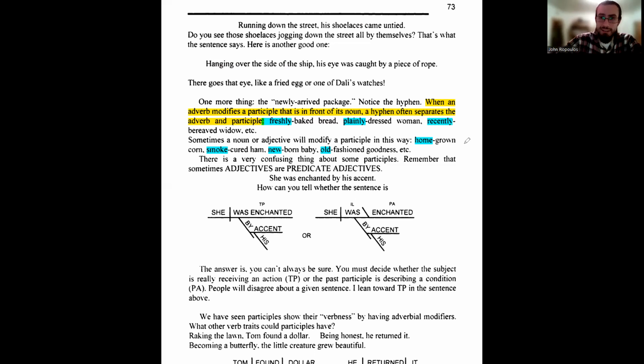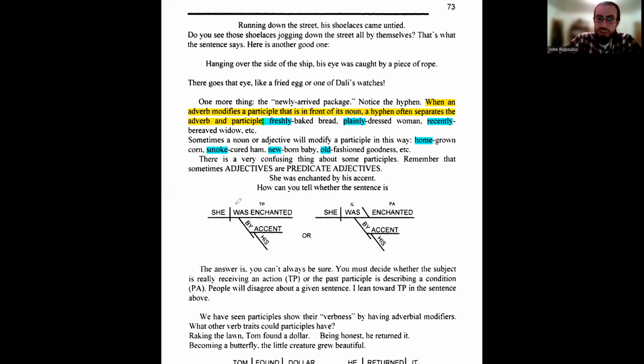All right, now for the next somewhat difficult thing about participles. There's a very confusing thing about some participles. Remember that sometimes adjectives are predicate adjectives, right? The PAs. We've seen them before. So: she was enchanted by his accent. How can you tell whether the sentence is, right? We have two ways of diagramming this.